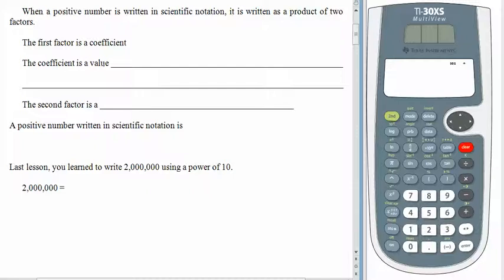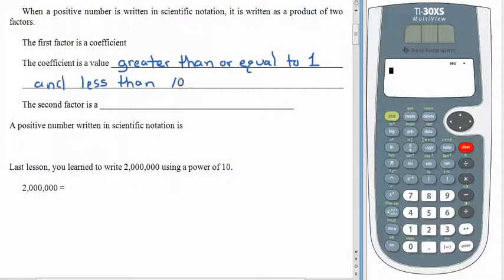A coefficient is a value greater than or equal to 1 and less than 10. In other words, we want numbers between 1 and 10. It's okay to use 1, but it's not okay to use 10.